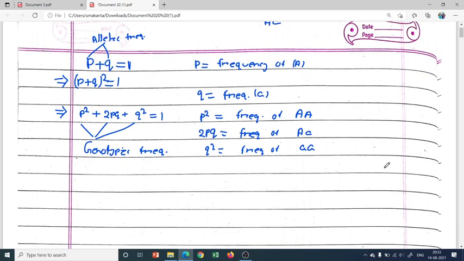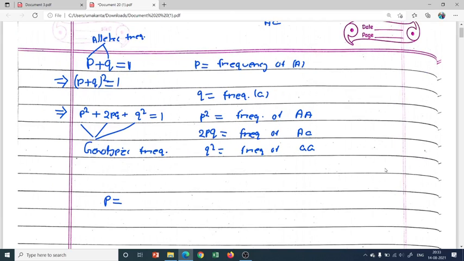Next, if we want to calculate p, p will be the number of capital A plus half into the number of capital A small a, divided by n, where n is the total number.